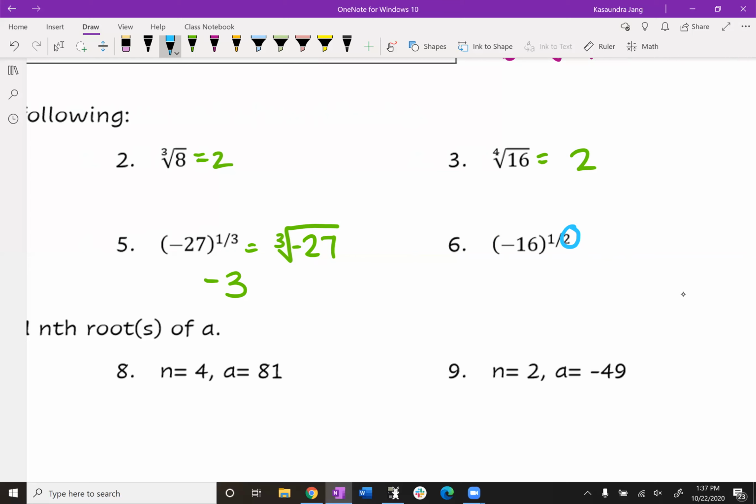Whenever I have some even root, that could give me an imaginary. So it could have i, the imaginary number.